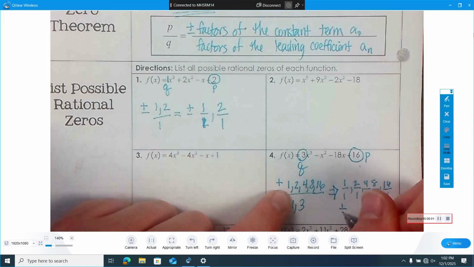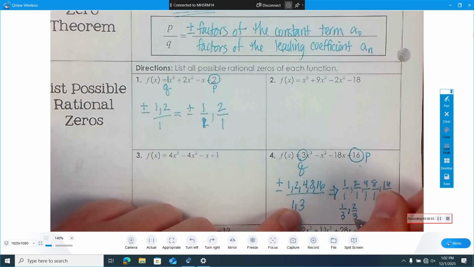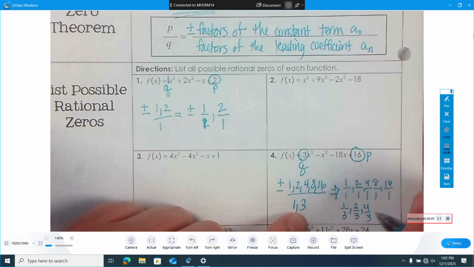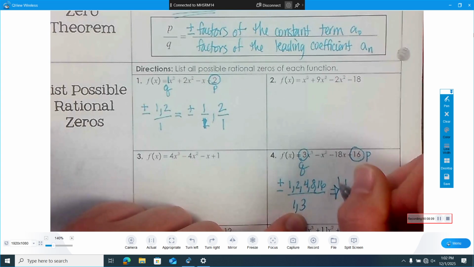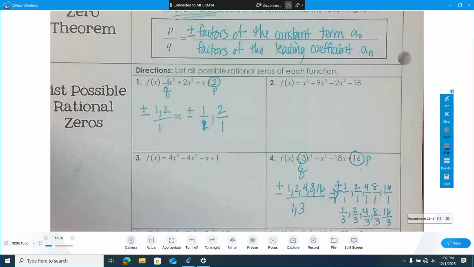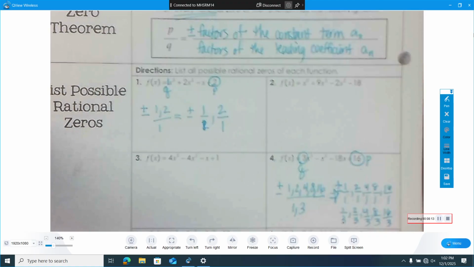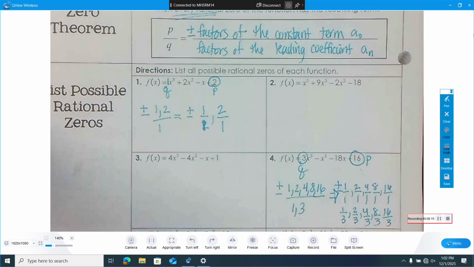So then 1 over 3, 2 over 3, 4 over 3, 8 over 3, and 16 over 3. These are all the possibilities that we could have, which is kind of crazy. So at least one of these might be one of our roots on this polynomial. And so that's the list, positive or negative, all of those possibilities.